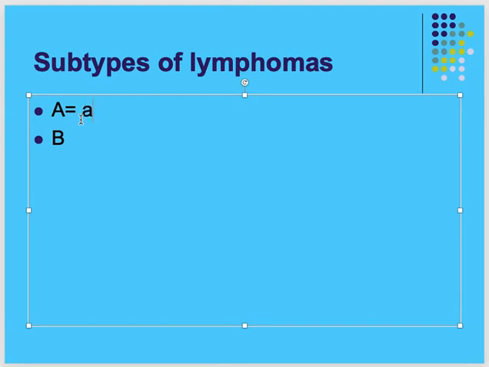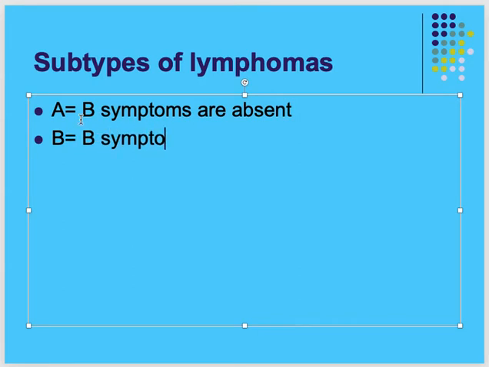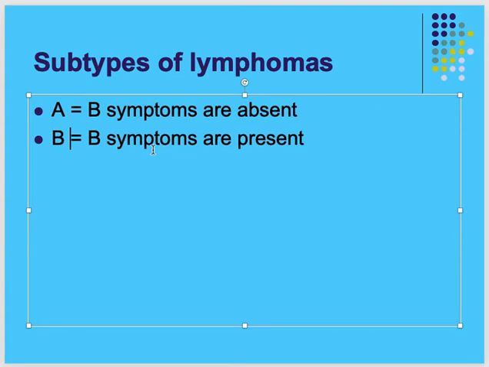When the B symptoms are absent. And it is called subtype B when the B symptoms are present. So when the B symptoms are absent, it is subtype A. When the B symptoms are present, that is subtype B. As you know what the B symptoms are, right? We have already discussed that.